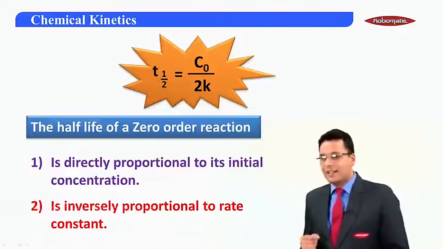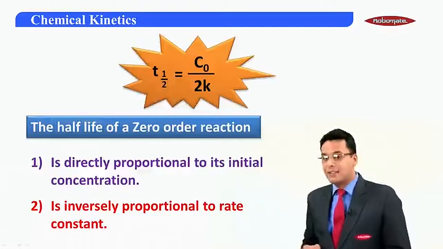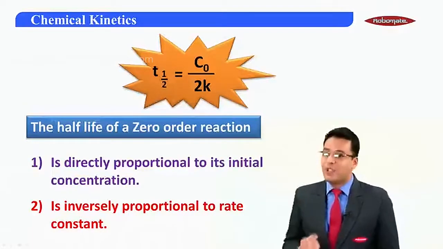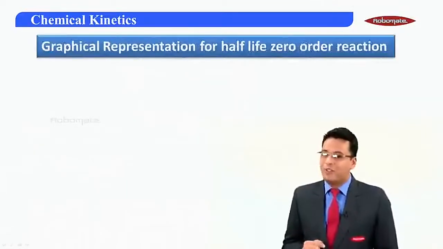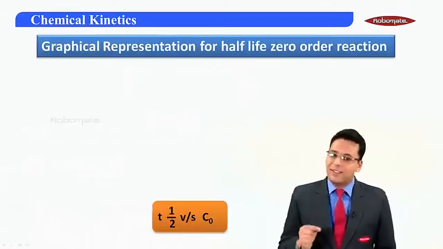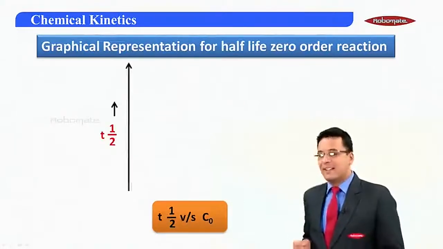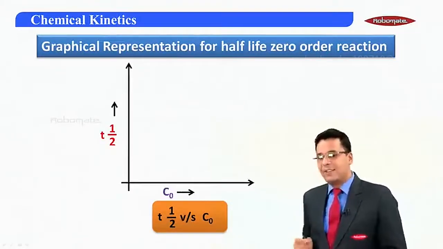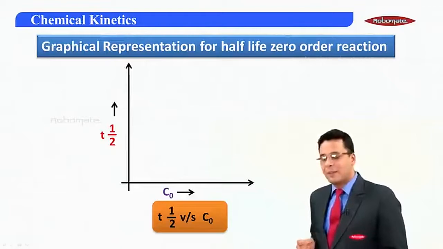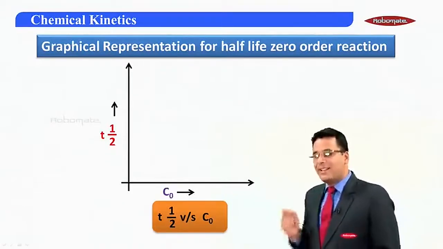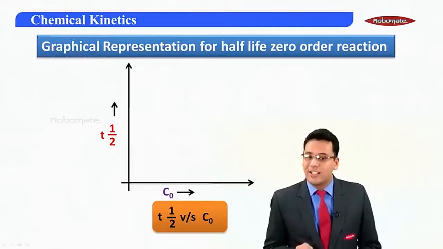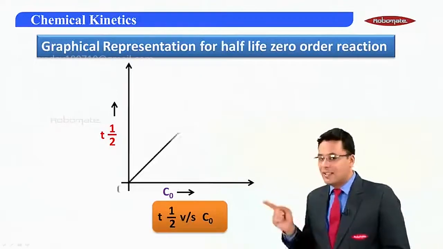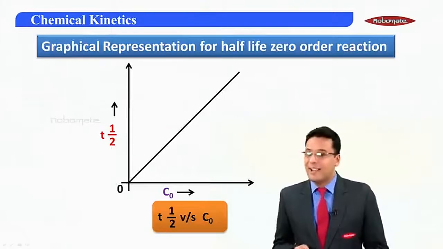In fact, since t half is directly proportional to C naught, if I plot a graph of t half versus C naught, this is the kind of graph I will get. I know that t half is directly proportional to C naught, which means this is the kind of line that I will get.